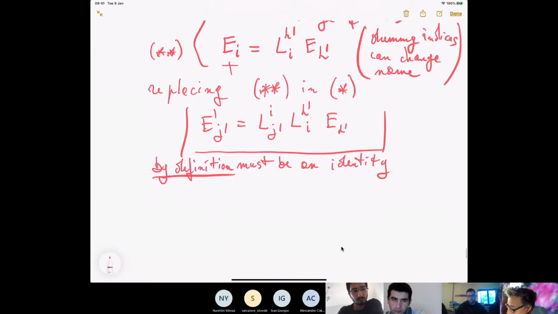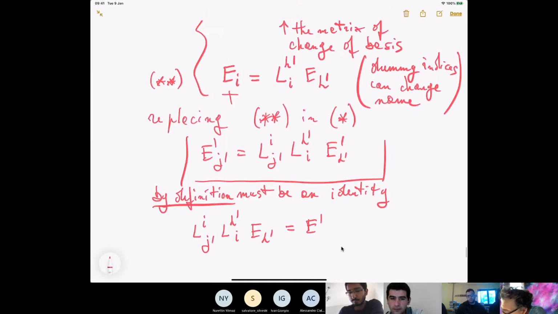So the right-hand side, L_i^j' L_h'^i E_h' must be equal to E prime. Here you have a prime, of course. Here you have a prime.